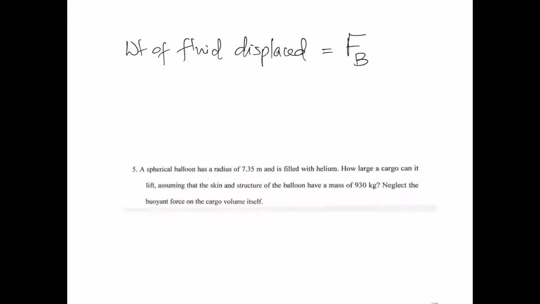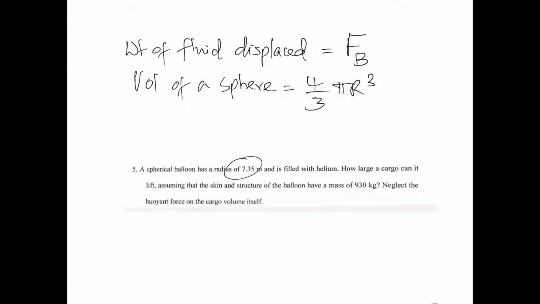All right, so the first step in this problem is to find the volume of the balloon. How do you find the volume of the balloon? It is a sphere, and the volume of a sphere is 4/3 pi r cubed. If you plug in the value of the radius, you're going to get the volume of the balloon. Then if you multiply the volume of the balloon with the density of helium, you can get the mass of helium.